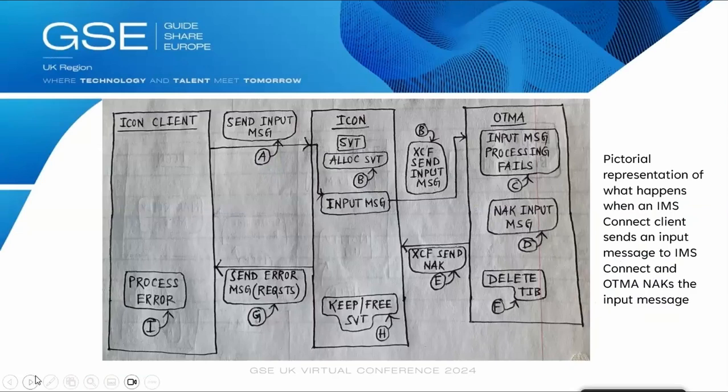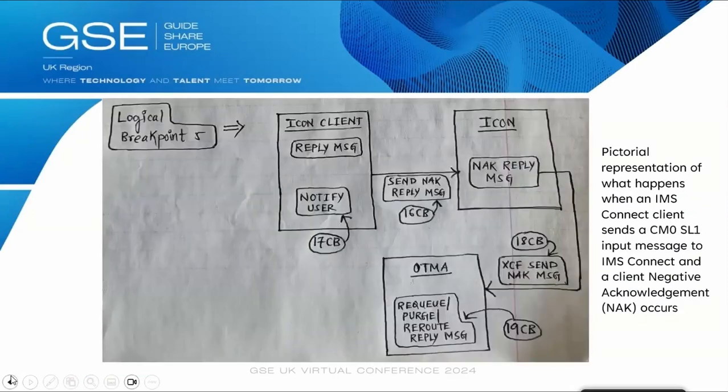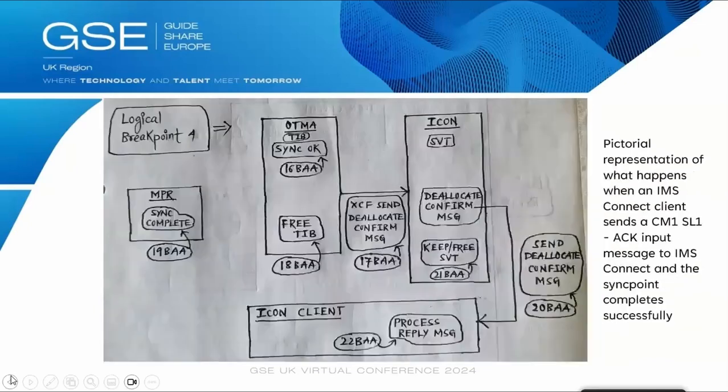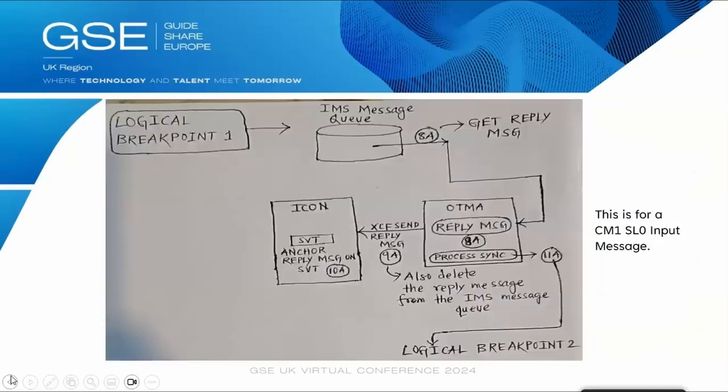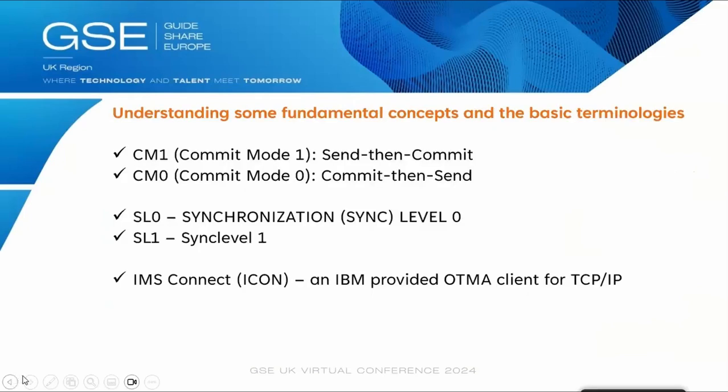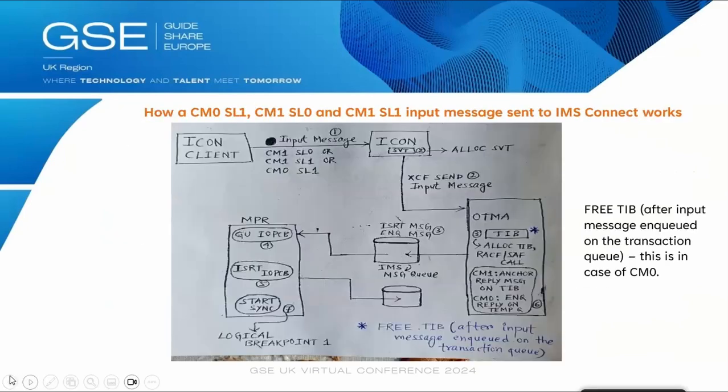For the different scenarios we've got here, am I right in thinking that with IMS Connect, whichever type you go for in your solution, you can't actually do a message switch to another transaction and then reply back to IMS Connect?